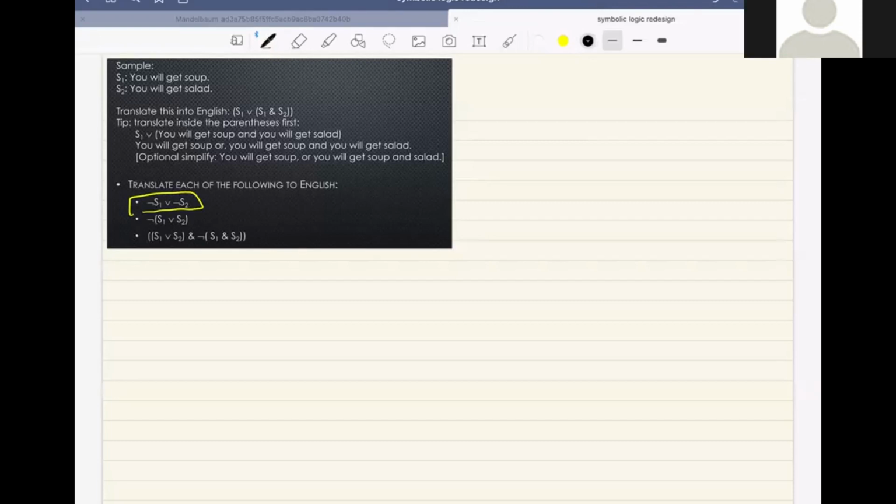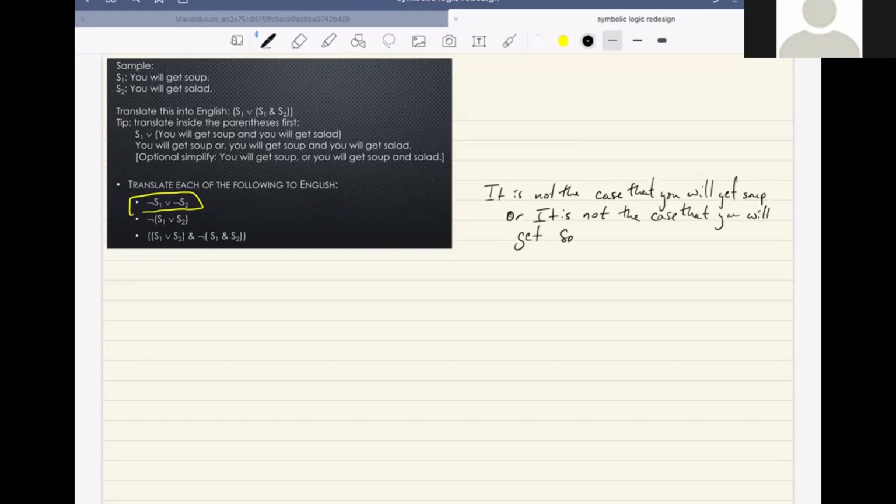Well, it gets translated to: it is not the case that you will get soup, or it is not the case that you will get salad.